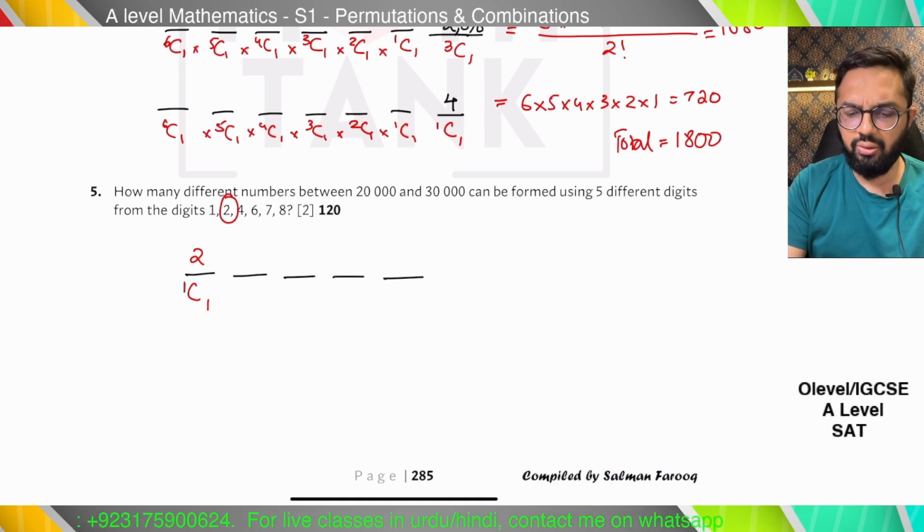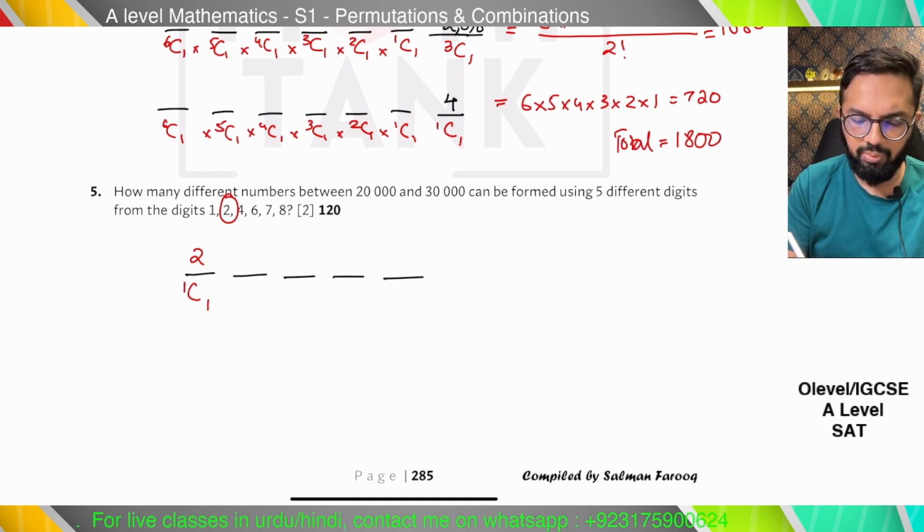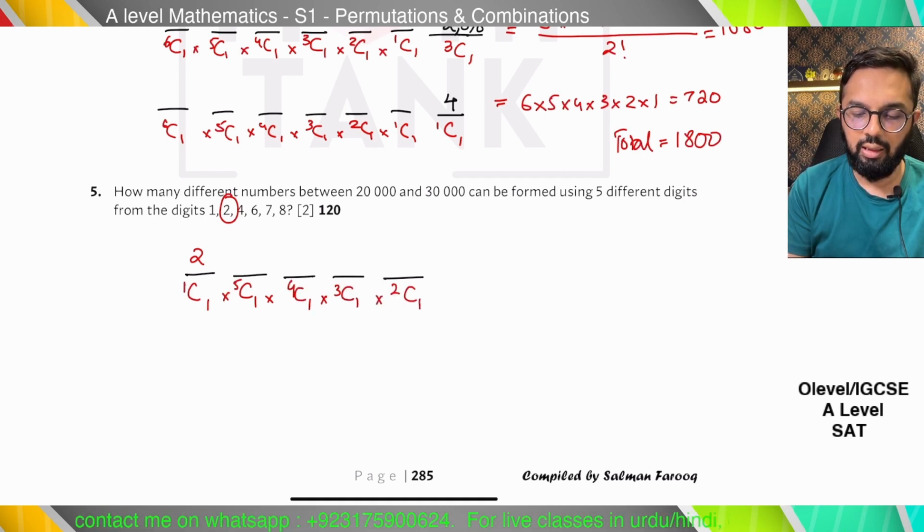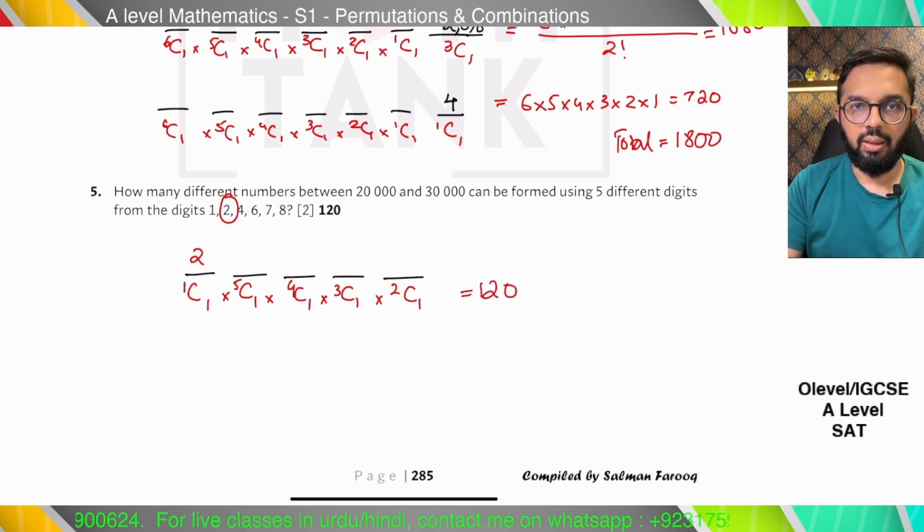Okay, there are no other restrictions. There were 6 numbers that were available to me, so I'm going to say 1C1 and then 5C1 because 1 got selected, 4C1, 3C1, and 2C1. That gives me a total of 120.